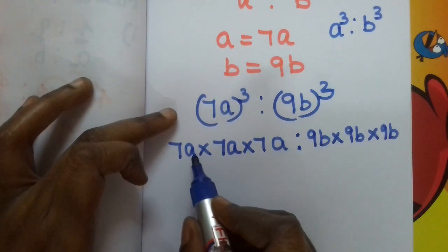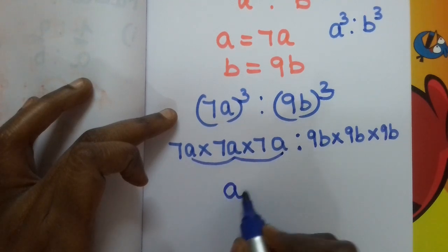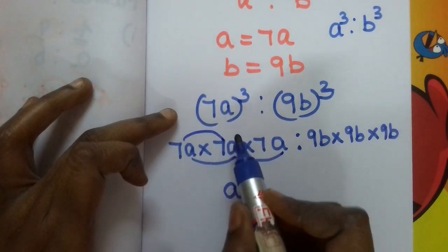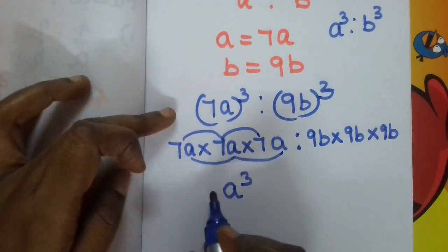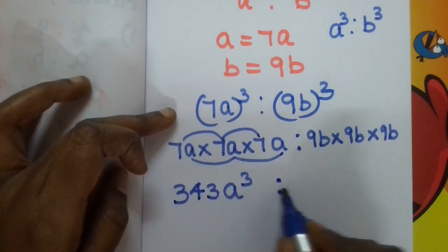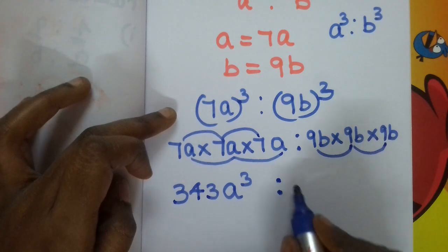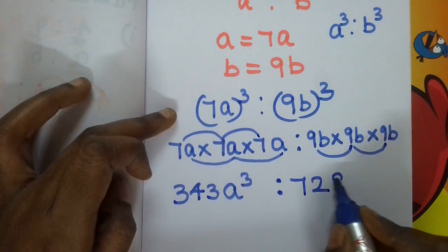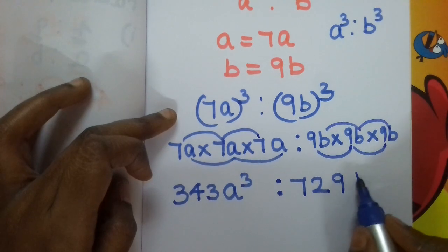So next, if you multiply a into a square into a, you get a cube. 7 into 7 is 49, 49 into 7 is 343. So 343 a cube is to 9 into 9 is 81, 81 into 9, which we just saw, is 729. b into b, b square into b, which is b cube.